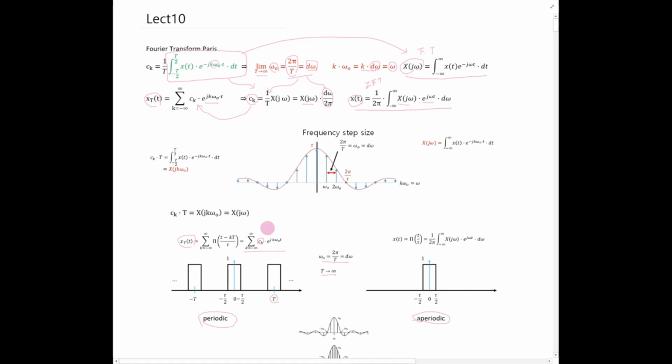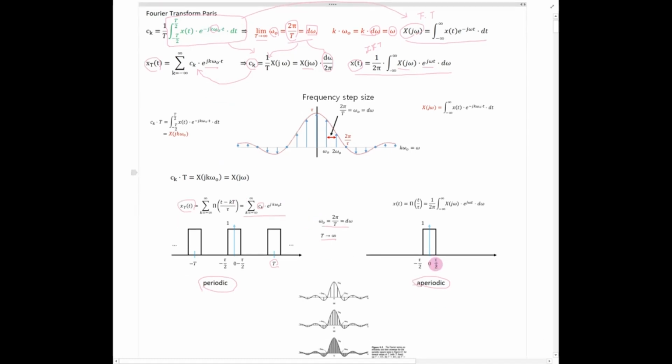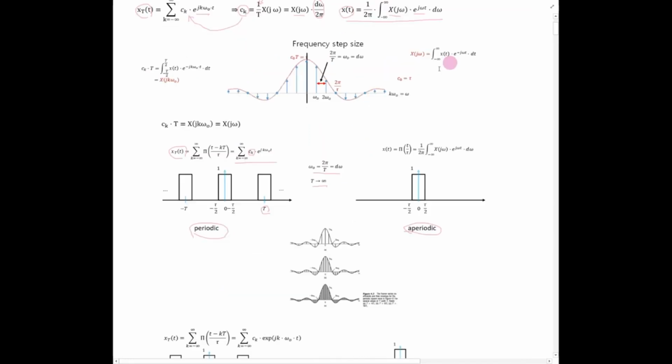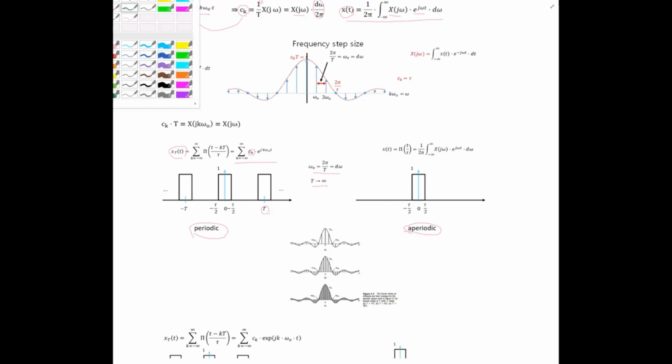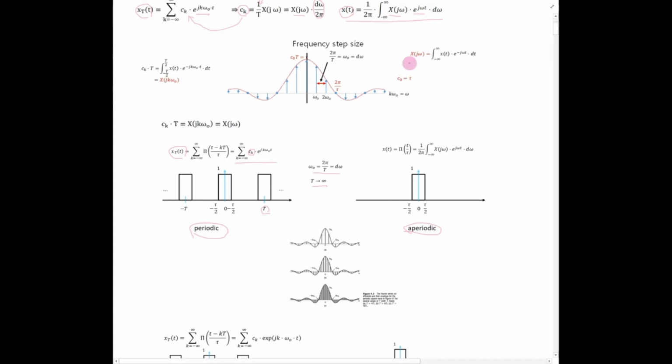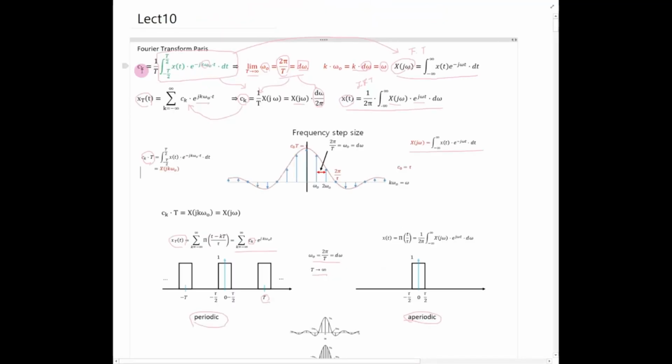To further investigate the relationship between the Fourier series coefficient and the Fourier transform, let's look at the Fourier transform definition here. We define the Fourier transform this way, but for the Fourier series coefficient, if we multiply Ck times T, it is defined this way.